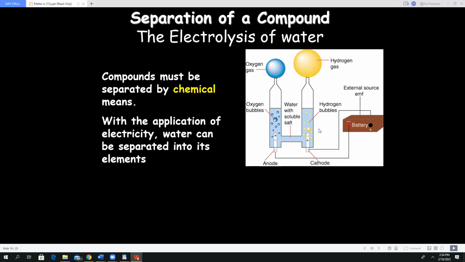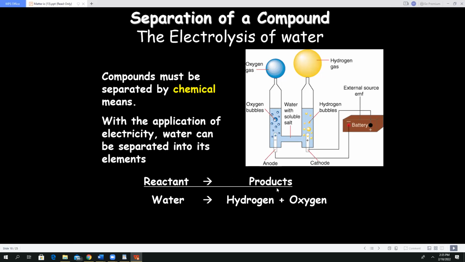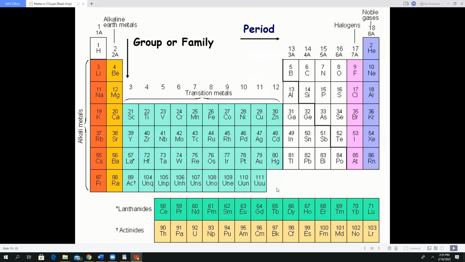And in this case, it is electricity. And you get this separation of hydrogen and oxygen. And that's what they're doing with the hydrogen power engine. They're trying to make it separate so that they can use hydrogen as fuel.